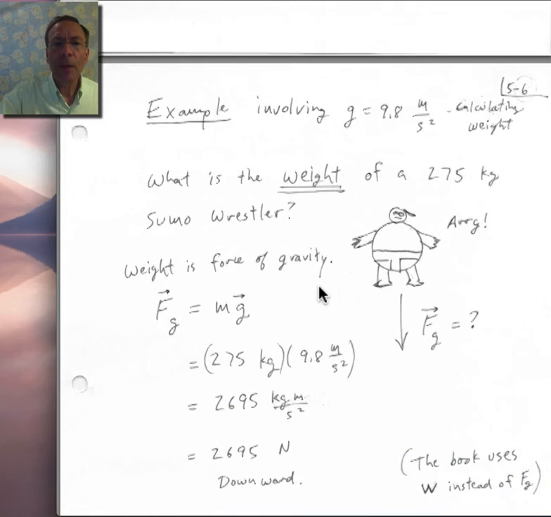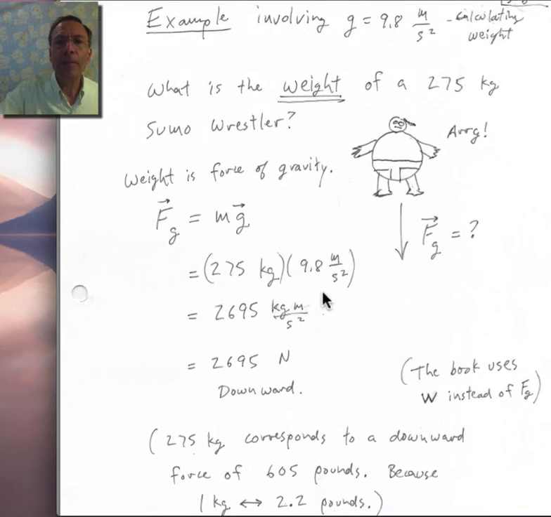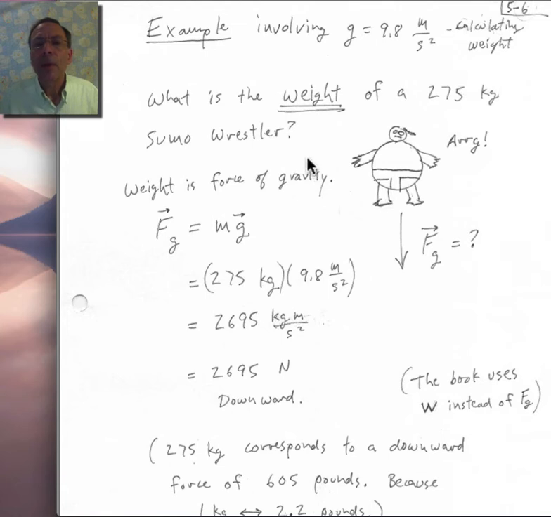Right. Okay, last example. Now this one's finding the mass, and in this example I'm also introducing the idea of gravity being an acceleration, right? When you are falling, you're accelerating.